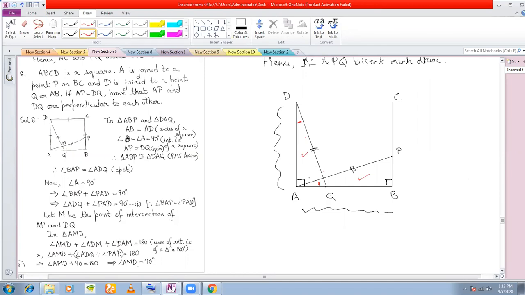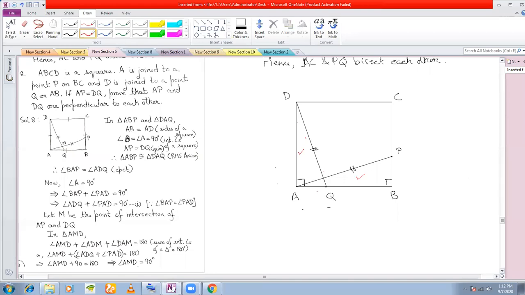Let us show that first. Remember the congruency part first. In the next class I will show that this triangle is congruent to this triangle.